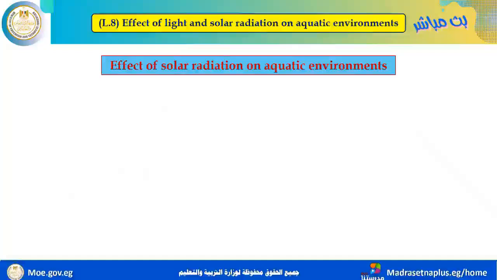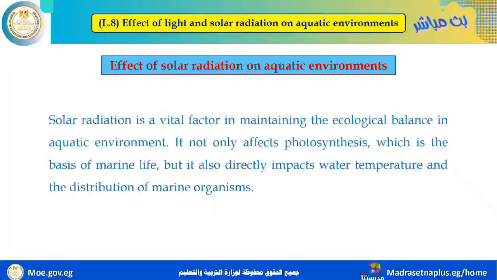So this is the second question which we asked in the first screen in our lesson. What is the effect of the solar radiation on aquatic environments? Solar radiation is a vital factor in maintaining the ecological balance in aquatic environments.